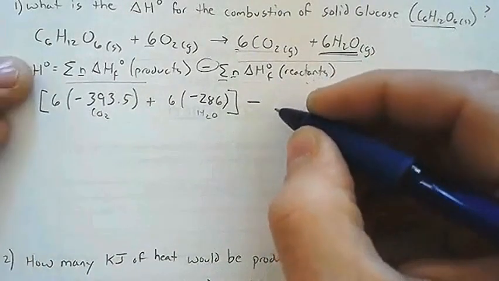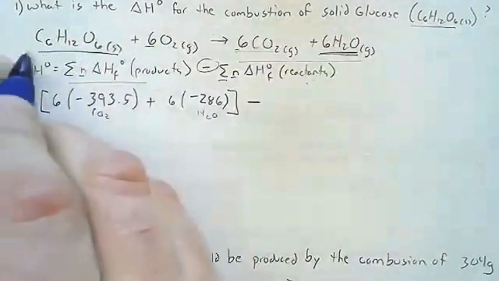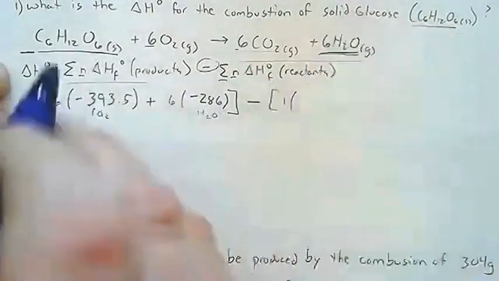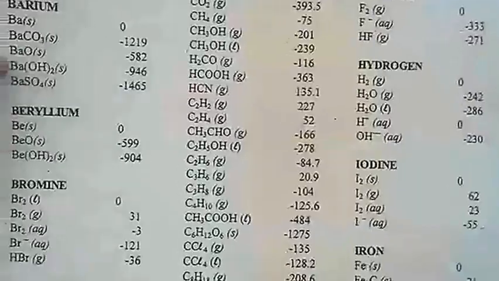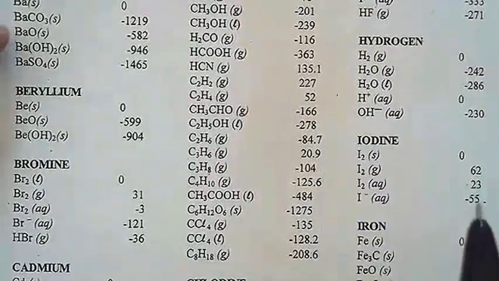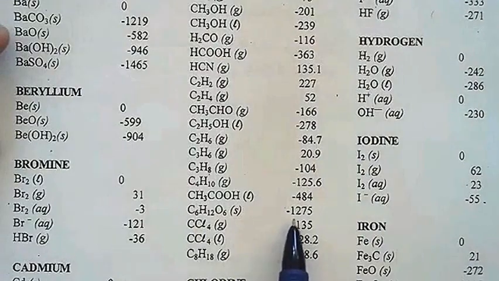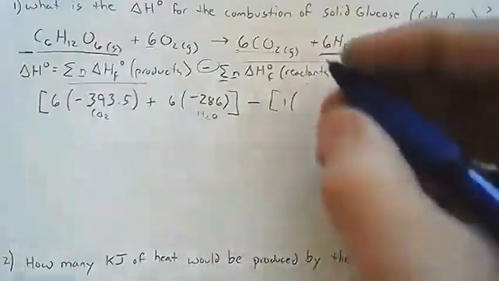And then for the reactants, we have 1 mole, so 1 times C6H12O6. When we look that up, we see that for glucose it's negative 1,275 kilojoules per mole.